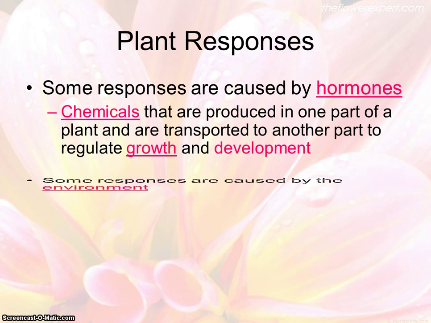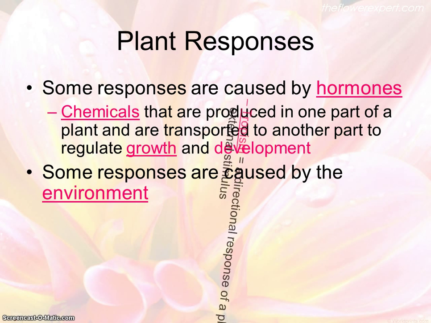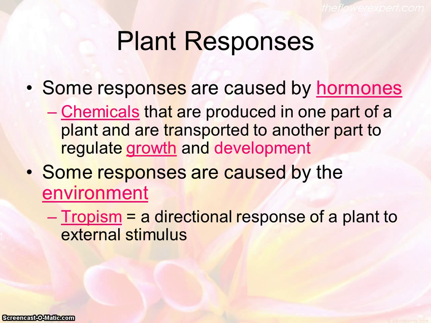Okay. Some of these responses are going to be caused by the environment. So, not necessarily internal processes that need to be carried out, but maybe it's temperature change or sunlight movement, something like that, to where that's an external stimulus from the environment, and the hormones are going to be triggered as a response to that.